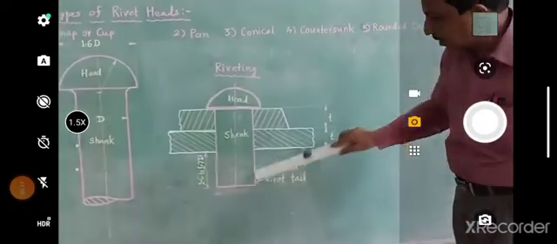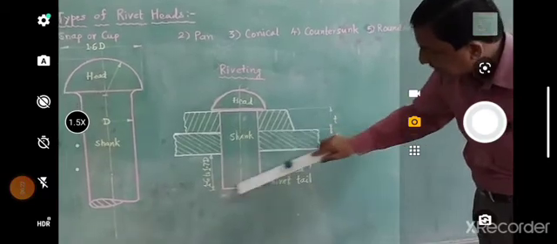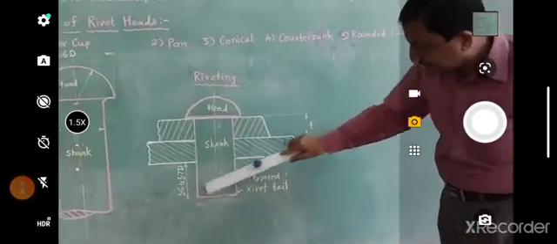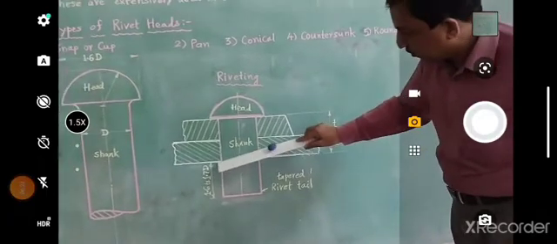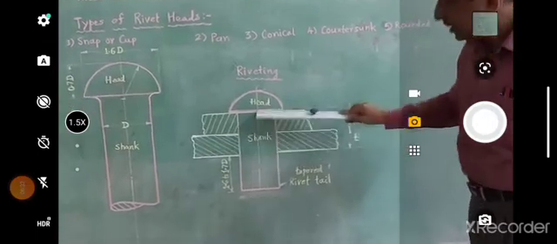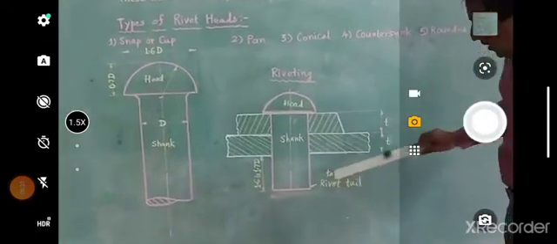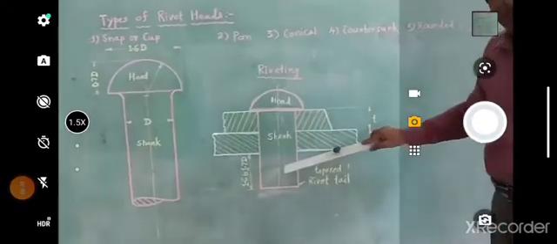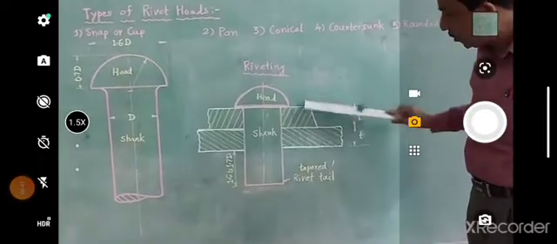Before inserting, the rivet tail or tapered shank is heated in the furnace, and then it is inserted in these two plates.